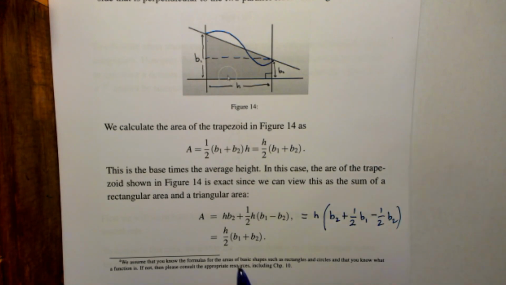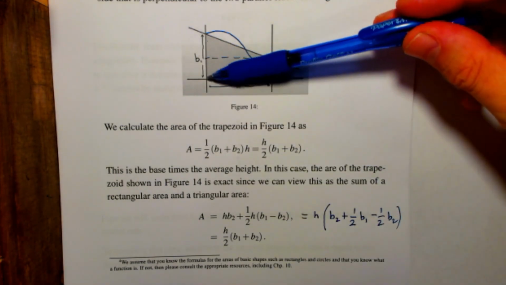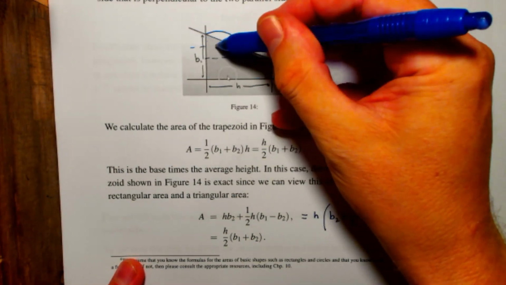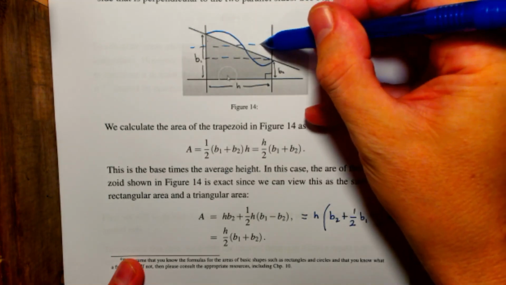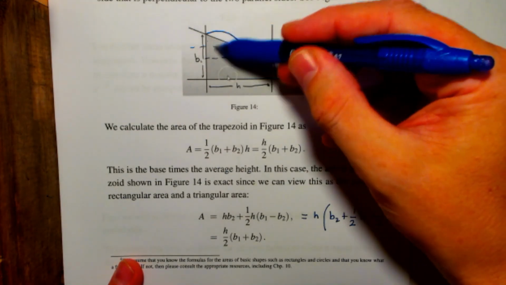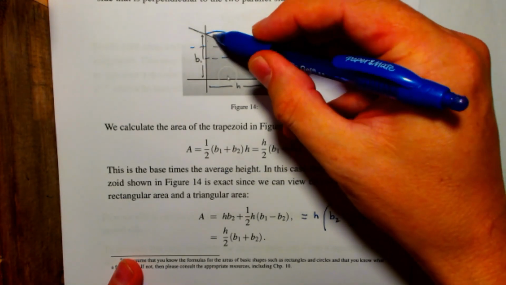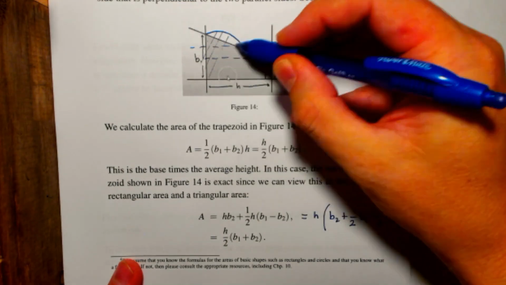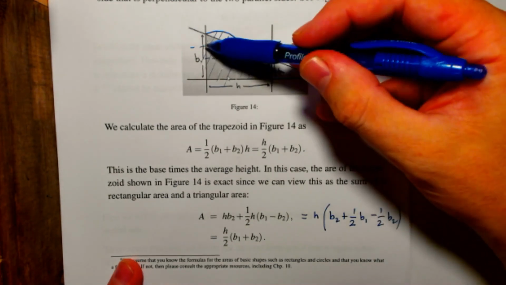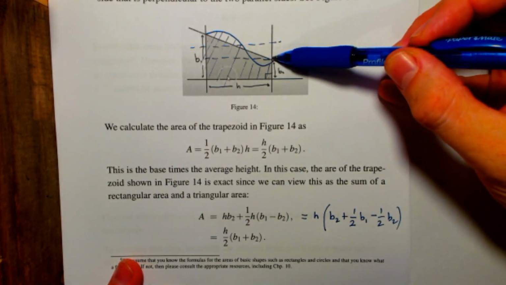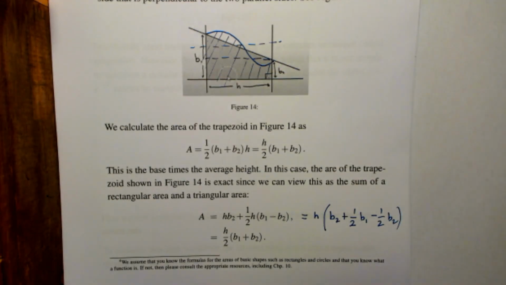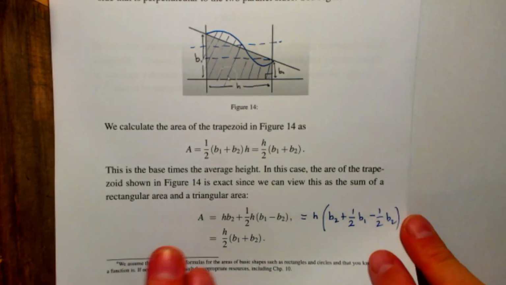Because this is the average of these two, which would be somewhere in here, and then multiplied by this. So we approximate the area under the curve, which would be this part of it, by the average between this and this, multiplied by that h value. Okay, let's move on to the next page.